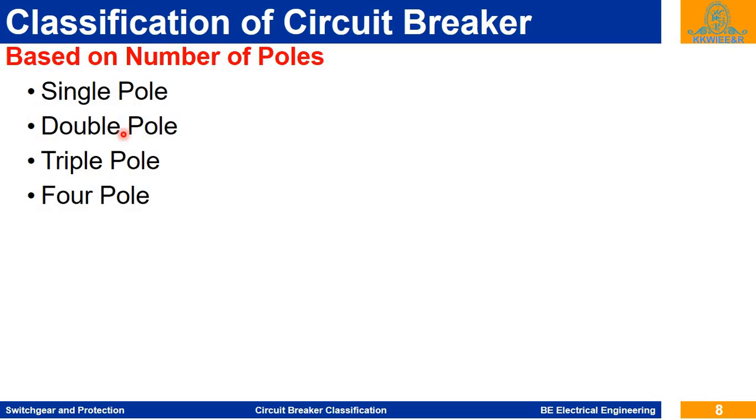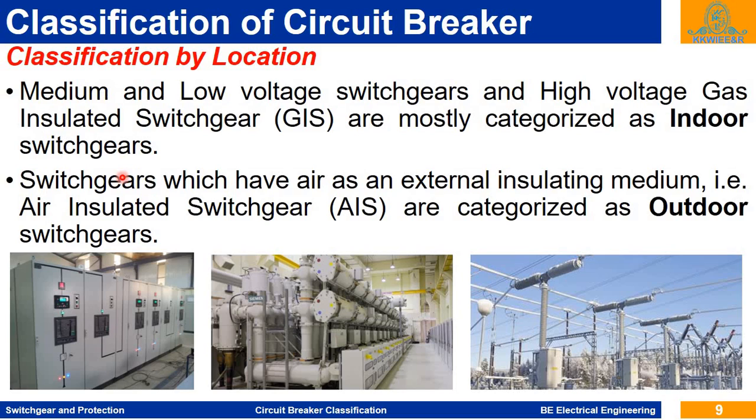Then double pole, for the traction substation, the two poles are there. One is connected to the overhead catenary and another it is connected to the ground of the rail. So in that case, double pole circuit breakers, they are used. So based on the application, the circuit breakers, they are classified as a single pole, double pole, triple pole and 4-pole circuit breakers.